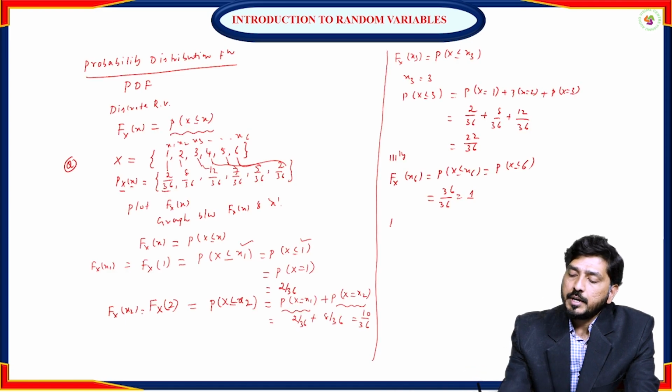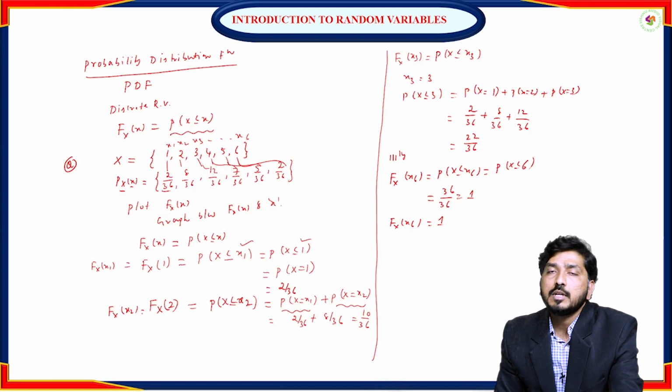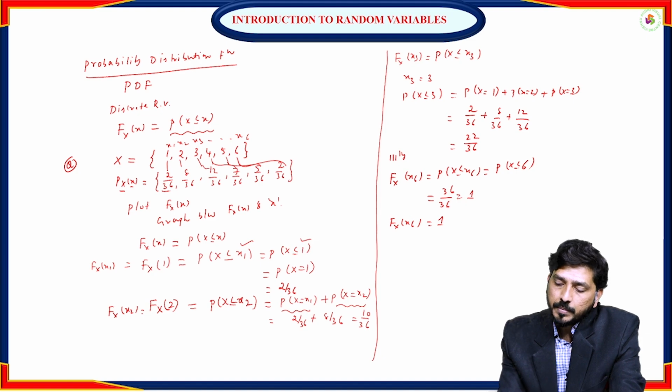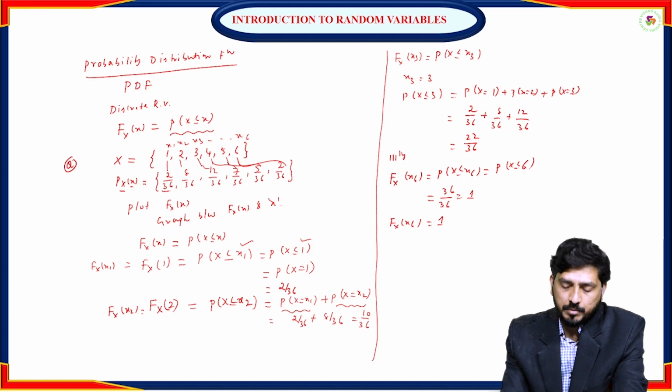So F_X of x6 is equal to 1, where x6 is equal to 6. Based on these values, now we will plot the distribution function of the random variable X with respect to its elements.